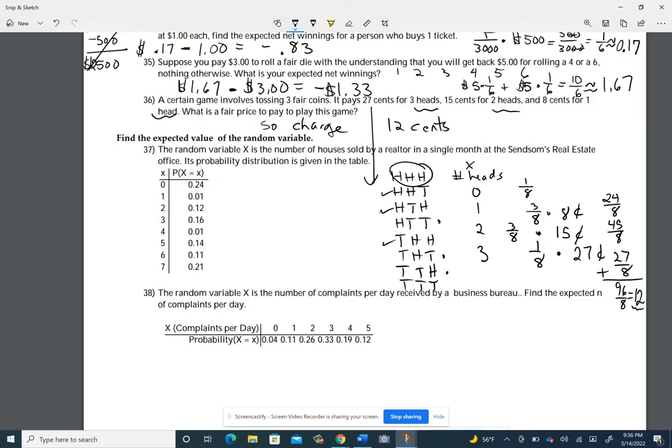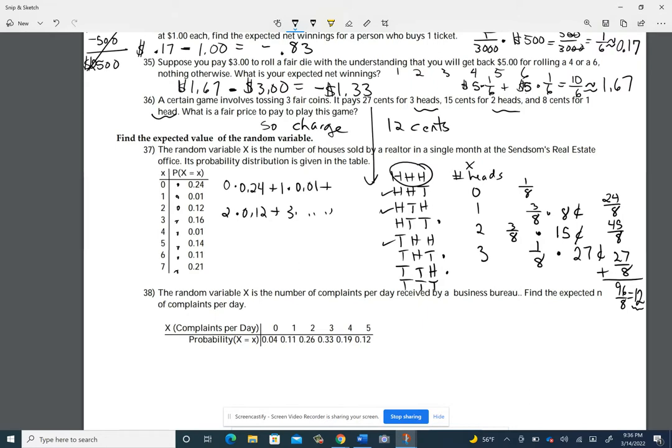To figure out the expected value of the number of houses sold, you would multiply these together, get those values, and then add all that up. But you really can just type all that in. I'm not going to write it all out, I'm going to be multiplying like that, then adding 1 times 0.01 and 2 times 0.12, 3 times, and continue like that.